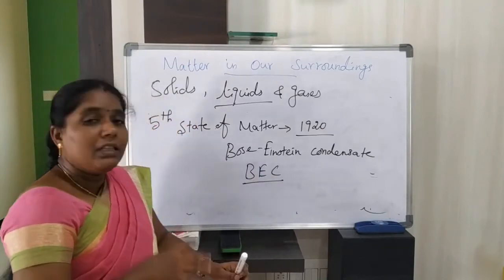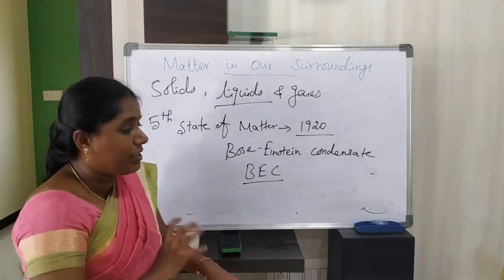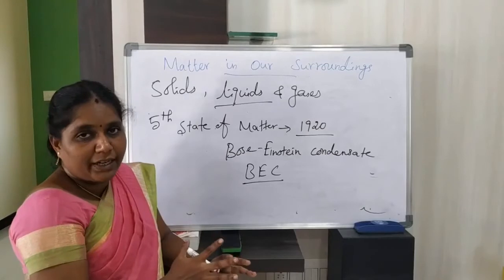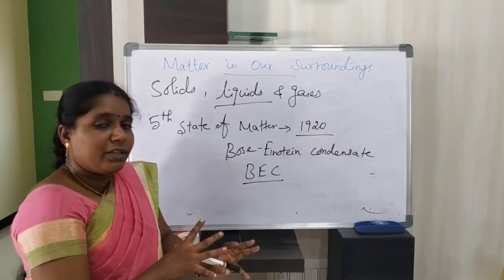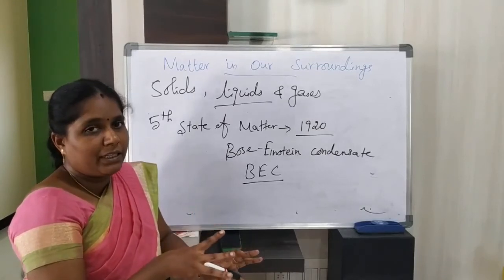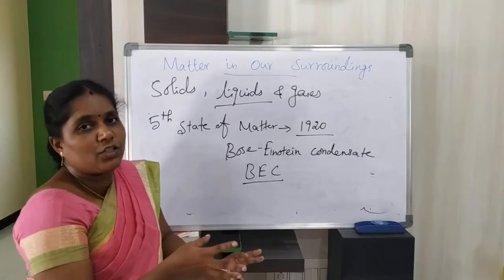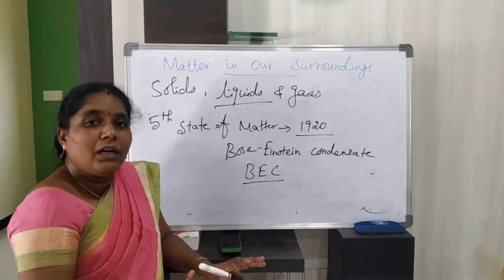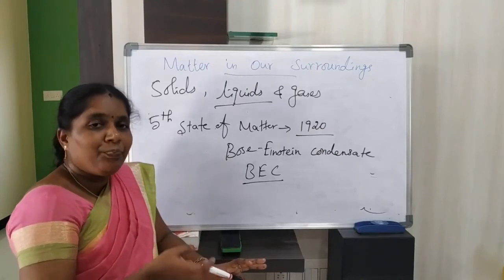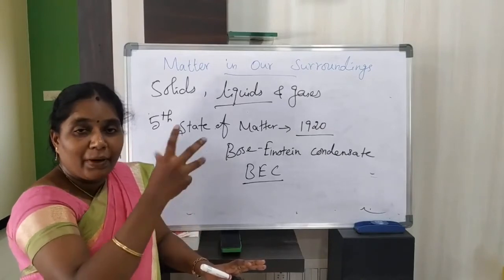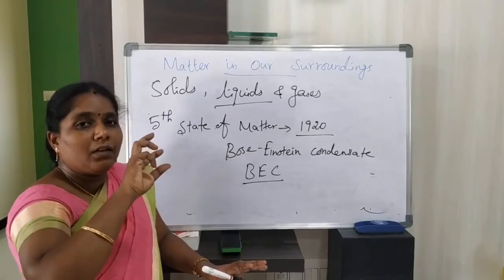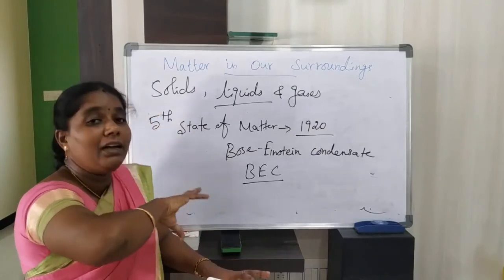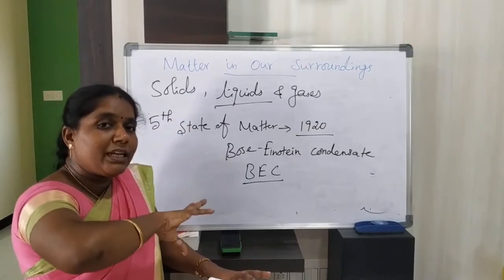See, this Bose-Einstein condensate, how he prepared this fifth state of matter: he used super low temperature, and he reduced the density as well as the temperature.